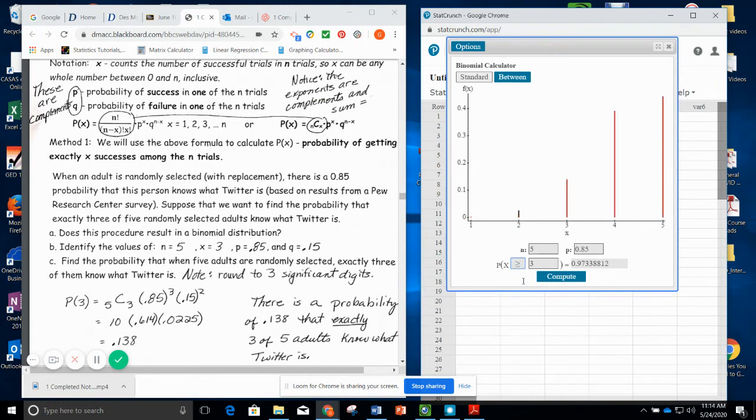If I wanted to know greater than 3, now it's highlighting the last bars, and that's a large majority, 0.97, so 3% probability would have 3 or greater. StatCrunch is pretty sweet because it allows you to use these inequalities to find a range of outcomes.